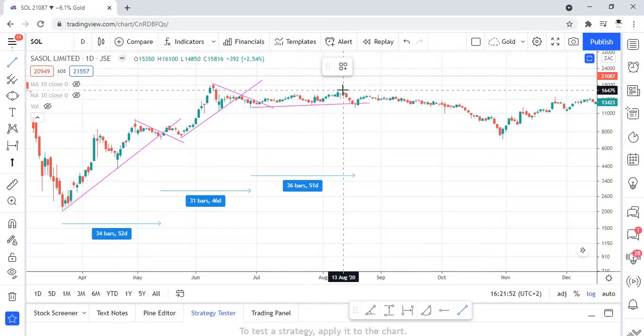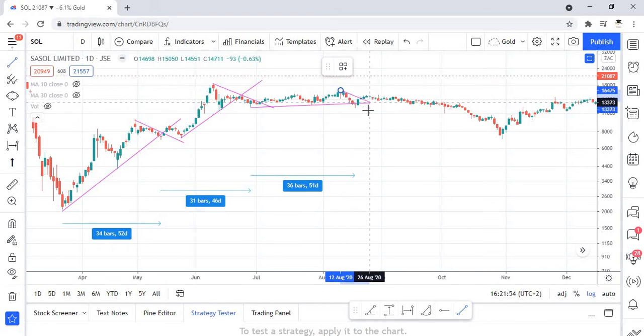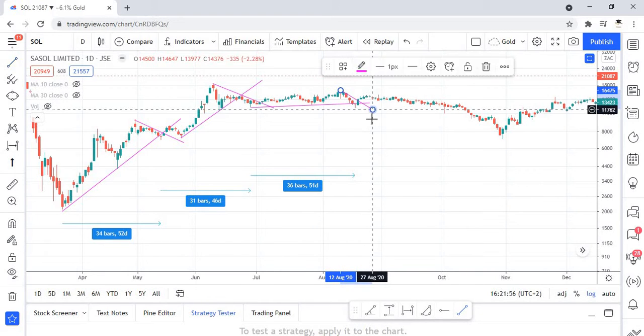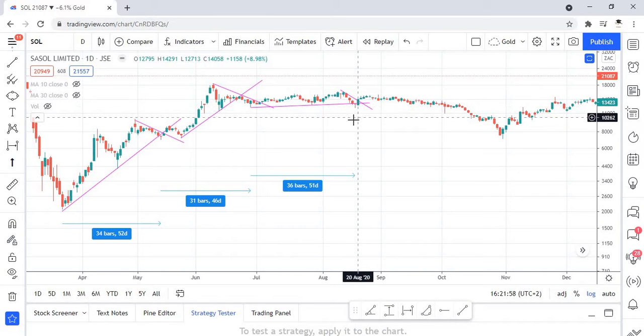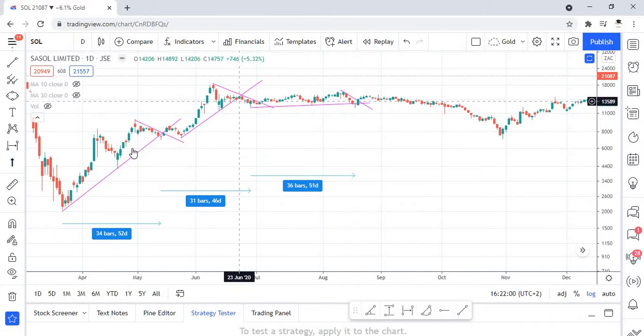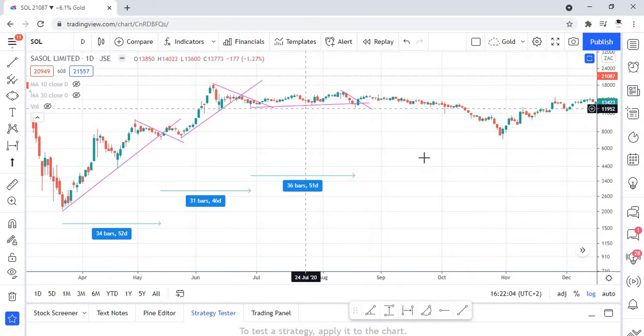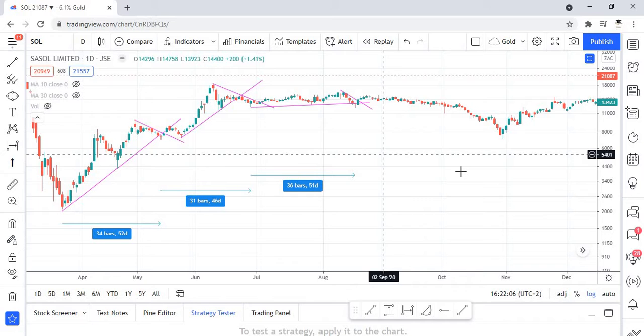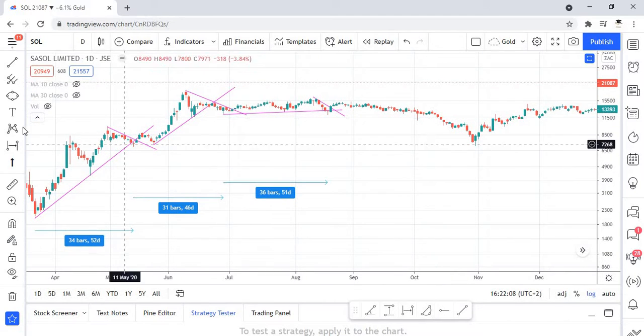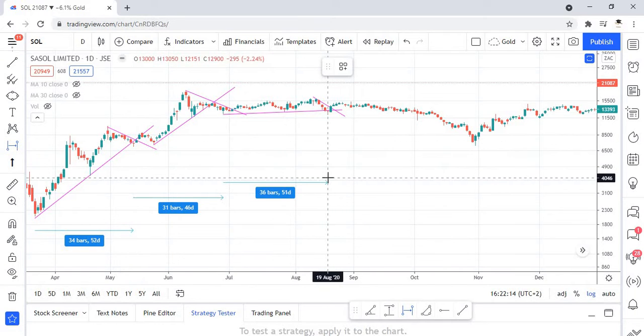Then it moved back above this trend line to confirm that this was indeed a low. So you usually have these crosses on charts as a confirmation to see that your case is still correct. Then we continue now to move to the next cycle.